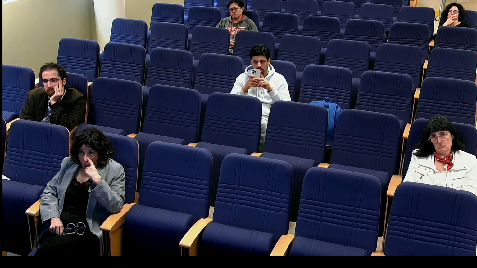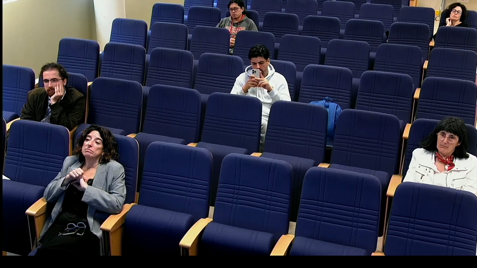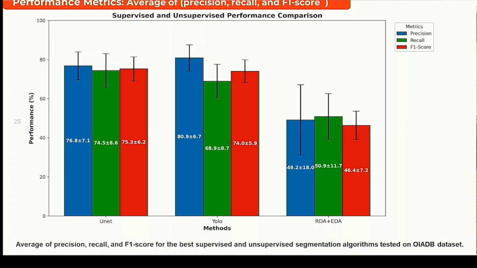And this is another sample, drawn with lines, showing the dominance of supervised over unsupervised. We see YOLO here, and U-Net here and here. This is the deep learning model.